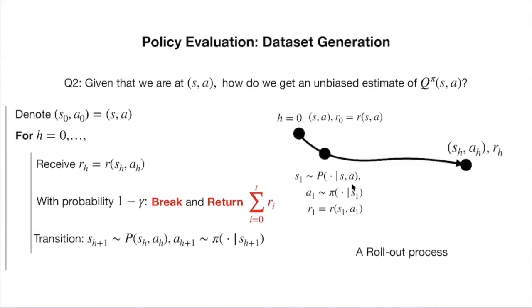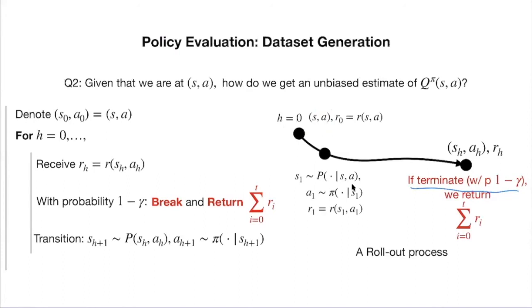Picture-wise, we start from (s, a) at time step h equal to 0, and we keep repeating this process. We keep generating the next state following our transition and the next action following our policy pi, but at every time step, we do a coin flip. So maybe at time step h here, with probability 1 minus gamma, I decide to terminate this process.